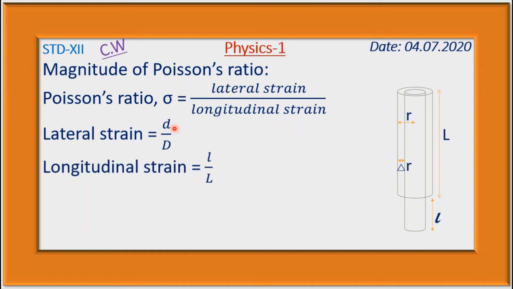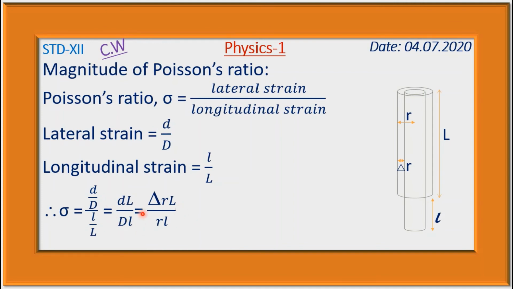And longitudinal strain is equal to small l divided by capital L. Small l is the increase in length and capital L is the original length. So we can write sigma is equal to lateral strain divided by longitudinal strain, small d divided by capital D divided by small l divided by capital L. This is equal to d capital L divided by capital D small l.